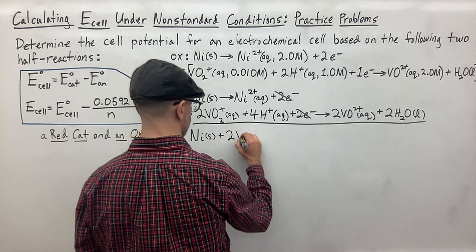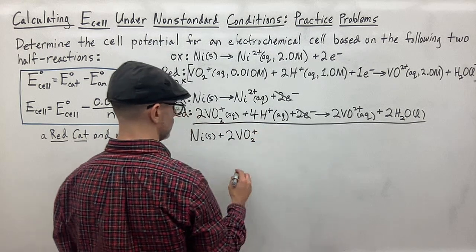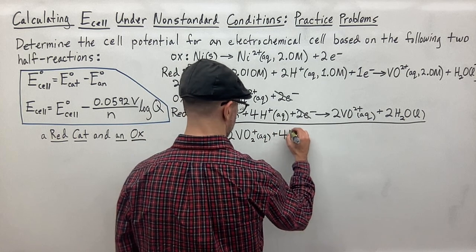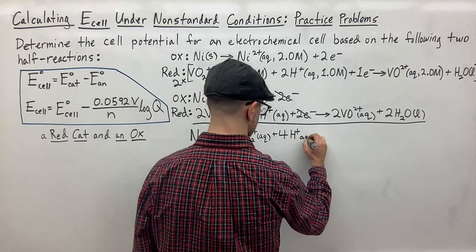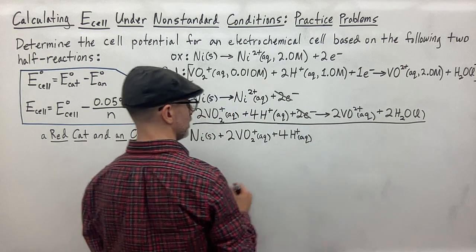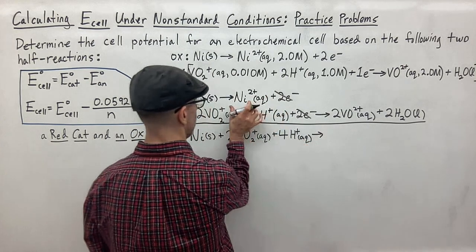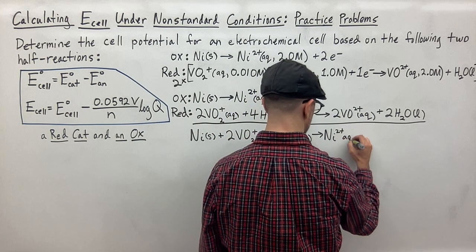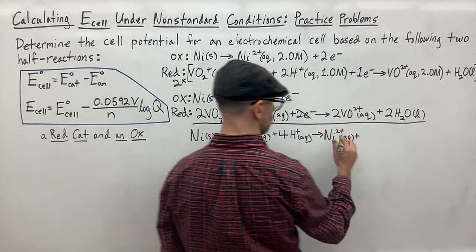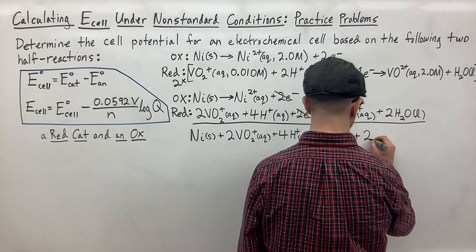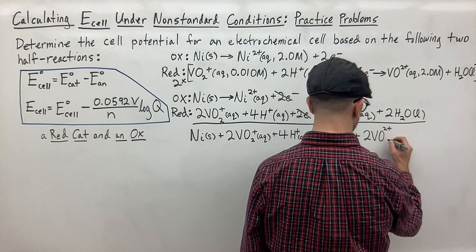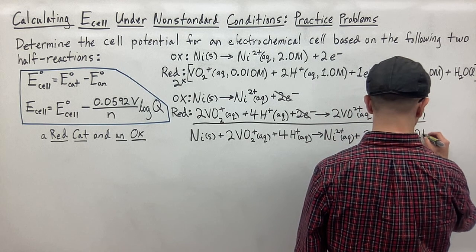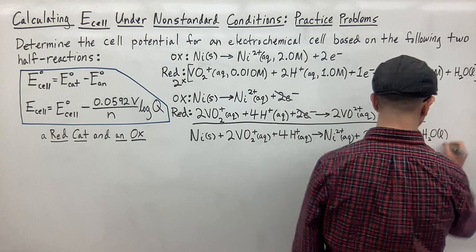So we have 2 VO2 plus aqueous plus the 4 H plus aqueous, and then that's going to give rise to Ni2 plus aqueous, plus these two: 2 VO2 plus aqueous plus 2 H2O liquid.